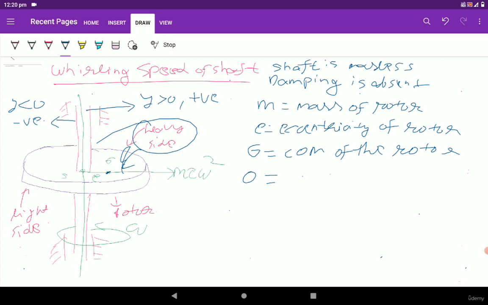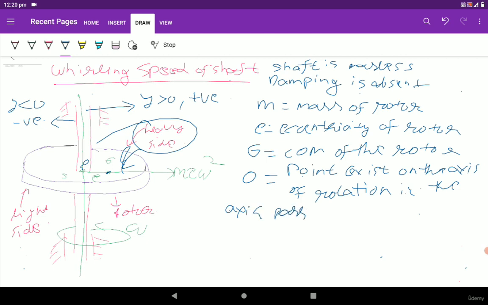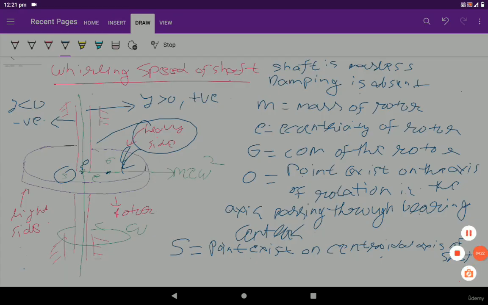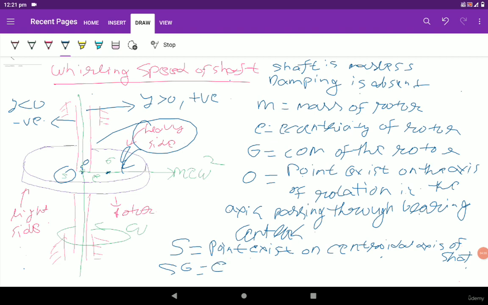So this is some point over here. This is the point which exists on the axis of rotation, that is the axis passing through the bearing centers, and here the S point, that is this point, S is the point existing on the centroidal axis of the shaft, and SG is equal to the eccentricity, that is the difference between S and G point.